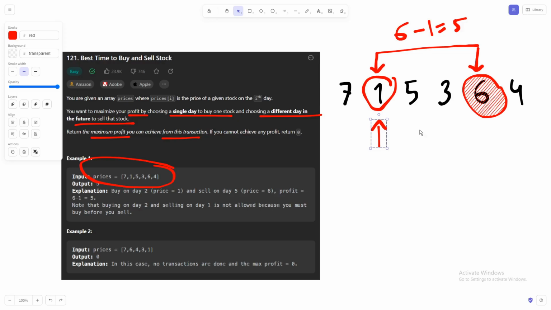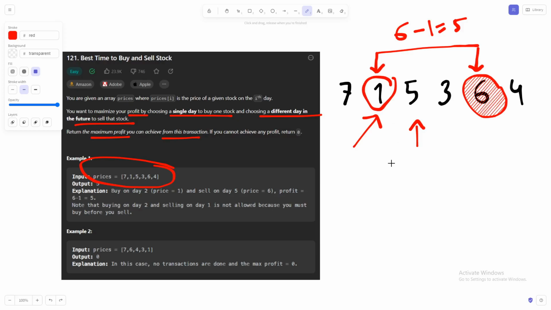So what I mean by that is, let's say I'm standing on the third day, right, when the current stock price is $5. At this point, the minimum stock price that we have encountered so far is this $1, right? So this is the minimum we have seen so far. Thereby the current profit on day 3 will be 5 minus 1, that is $4, right?